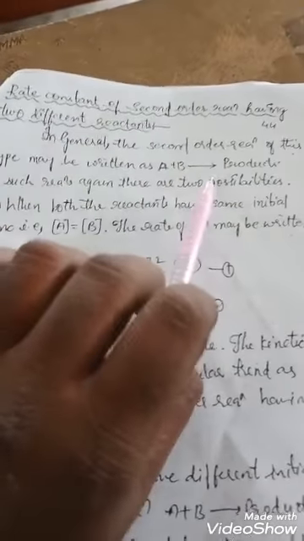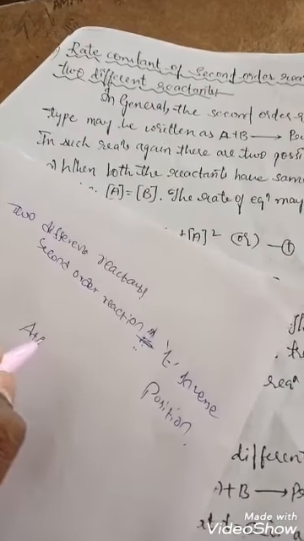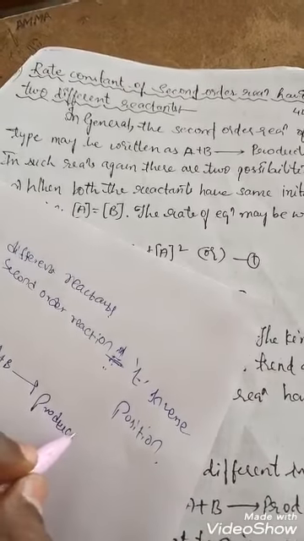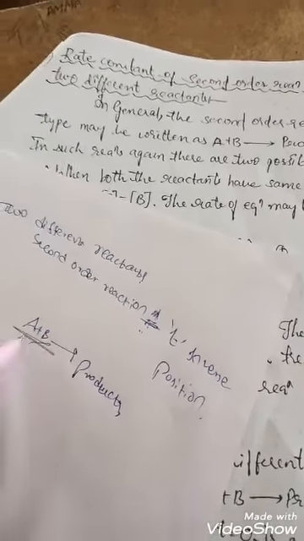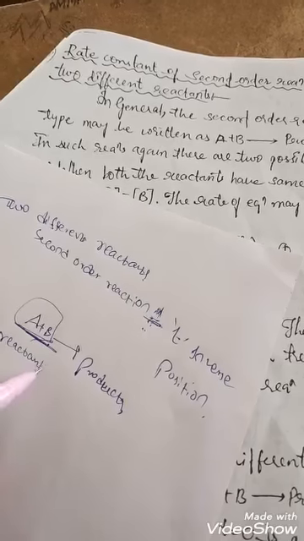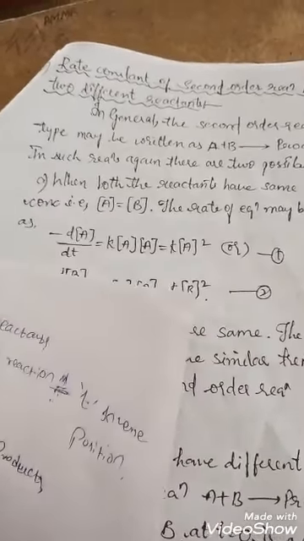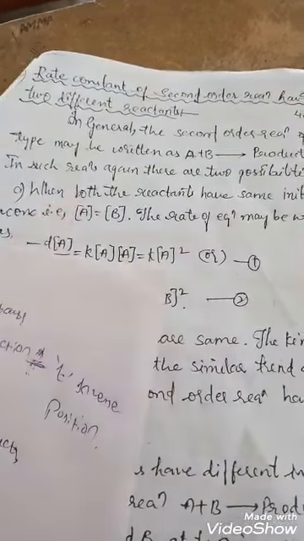In general, the second order reaction may be written as A plus B gives products. A and B are called reactants, and the reactants give the products. In such a reaction, again there are two possibilities.